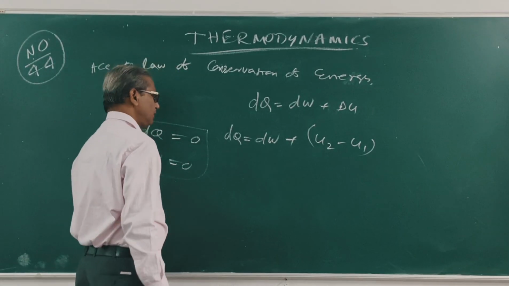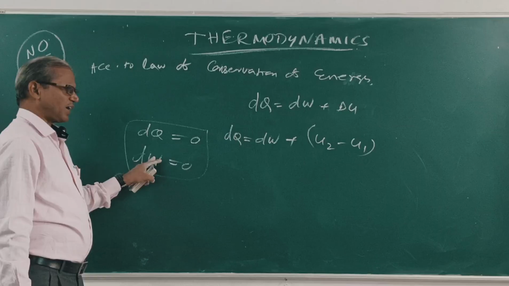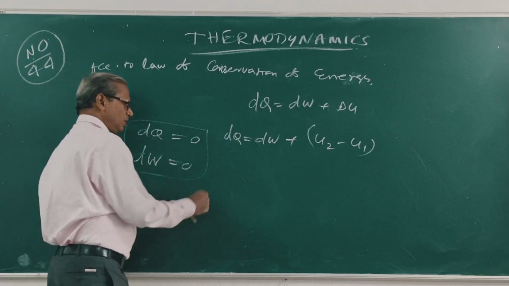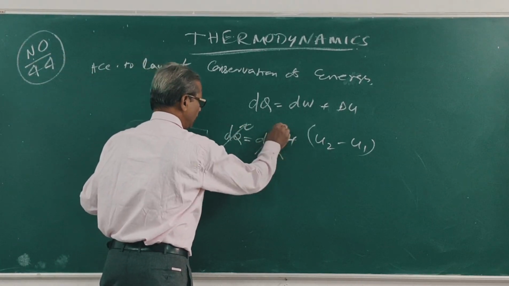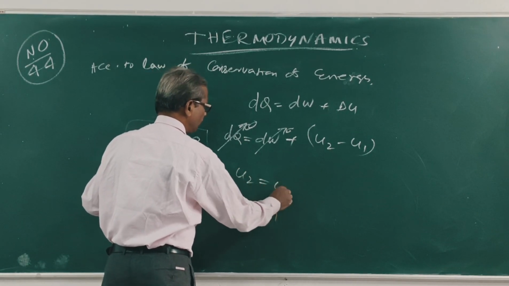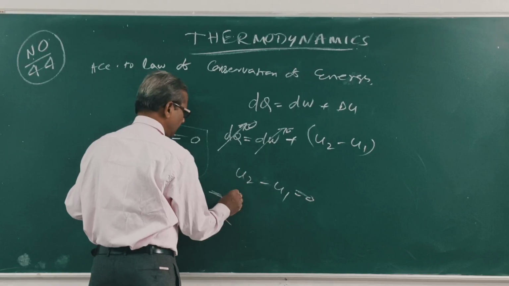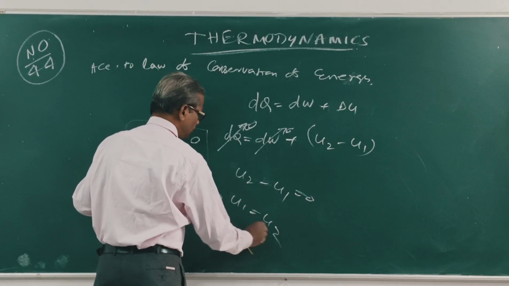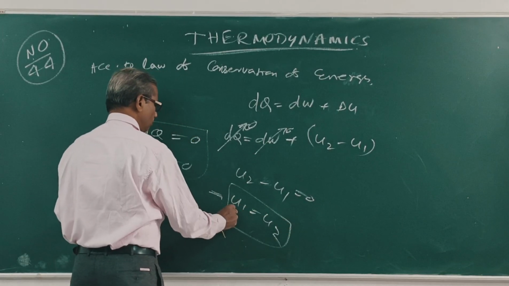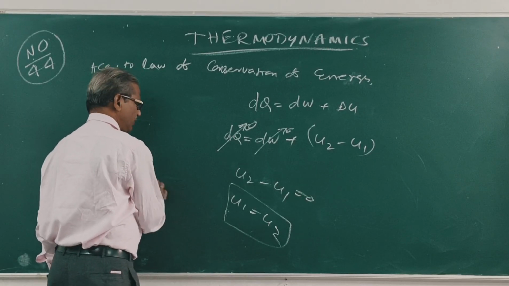But for an isolated system, dQ is 0 and dW is 0. So U2 minus U1 is 0. This implies U1 is equal to U2.